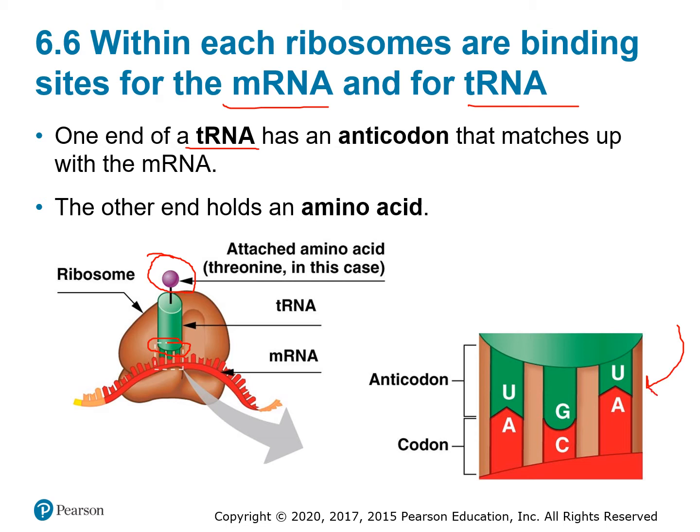Remember, the mRNA is made up of 3 nucleotides at a time that code for a particular amino acid. And remember, that information is carried by the RNA, but before that, it was in the DNA.